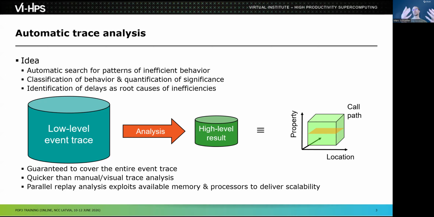Also, the visual trace analysis, as shown before with the BSC tools, or what also Vampir makes use of, has the advantage of being visually significant and what you can recognize with your own eyes and the patterns you can see there. But if you're going large scale, it's good to have a numerical result and something that covers the total traces.